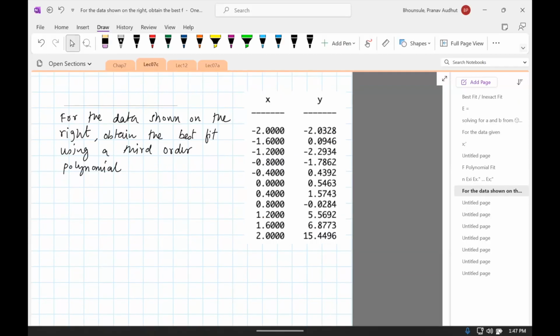Yes, I'll post it on Blackboard. What I would expect you to do is we will assume this polynomial. You need to obtain C0, C1, C2, C3.